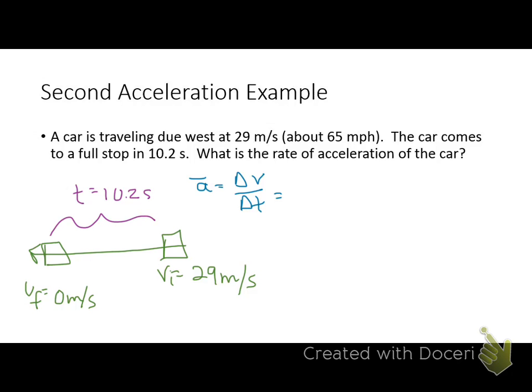In this case our final velocity is 0 meters per second, and our initial velocity is 29 meters per second, divided by delta t, our 10.2 seconds. When you do the math, you're going to come up with a negative 29 on top, aren't you? So negative 29 divided by 10.2.